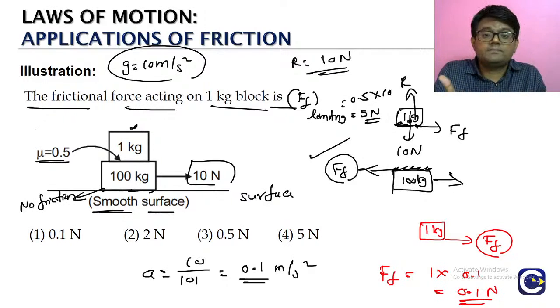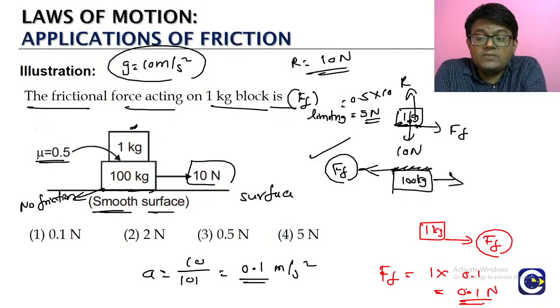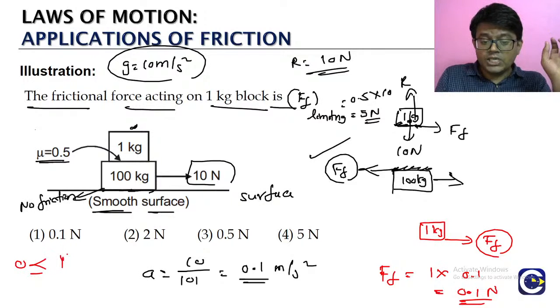So in this case, will the limiting value of static friction act? No, right? Because the relative motion can be stopped with a frictional force of just 0.1 newtons. Remember one thing, static friction will adjust its value from 0 to the limiting value, which is 5 newtons.